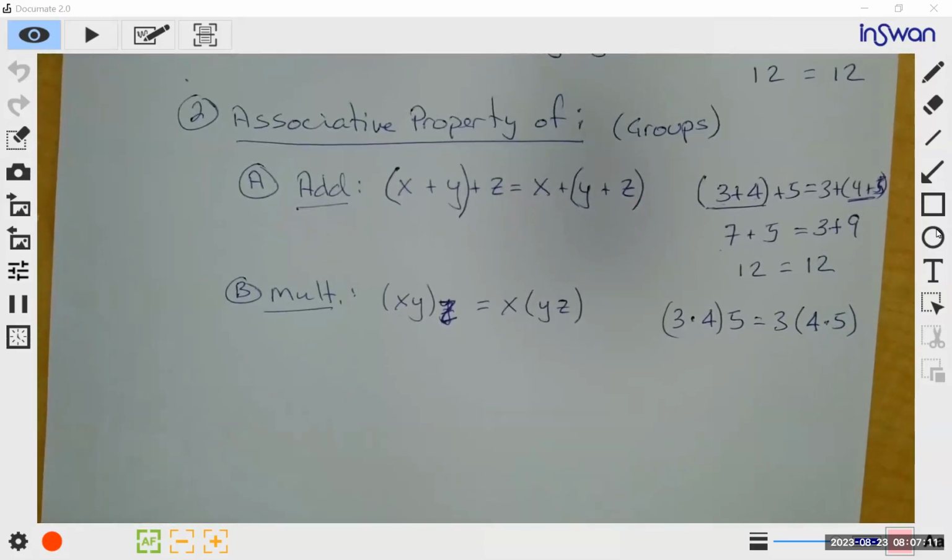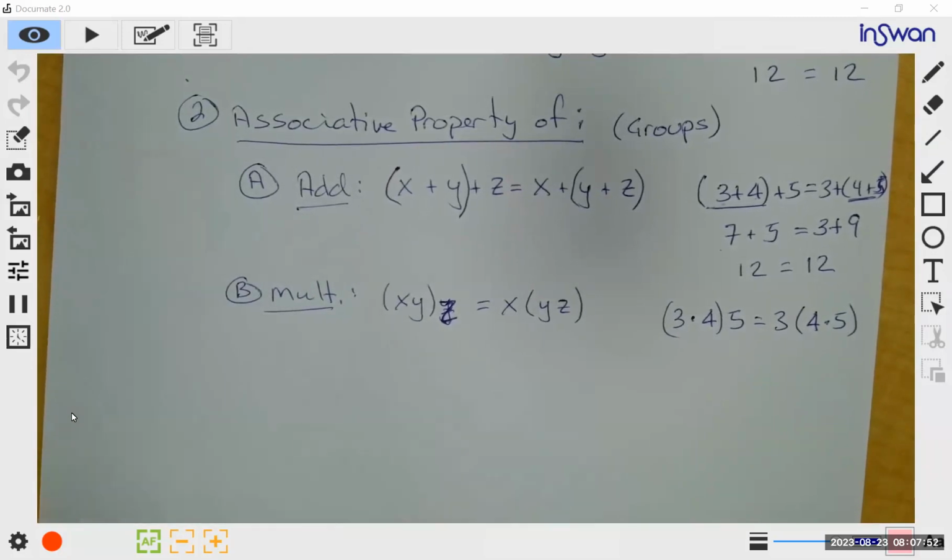So go ahead and work these out and tell me which side is easier to do, at least to you. So what's the answer? Which side is easier to do?